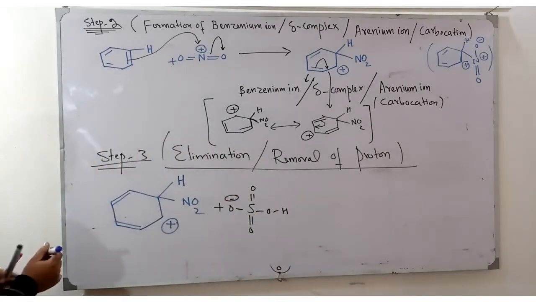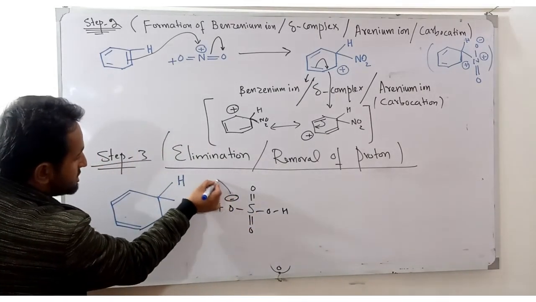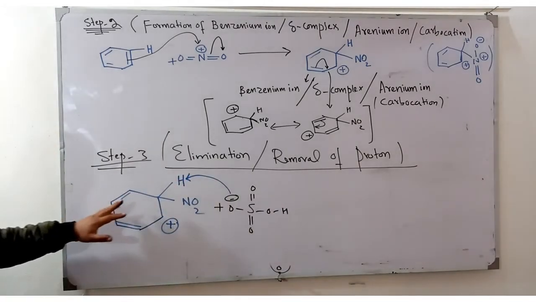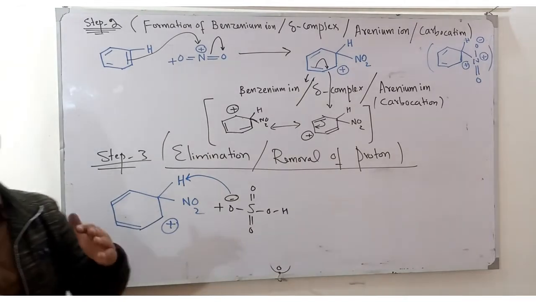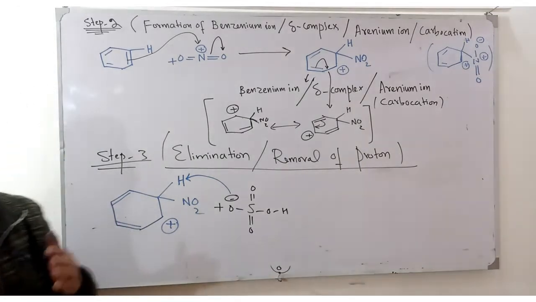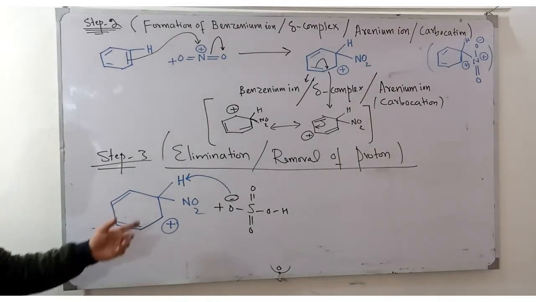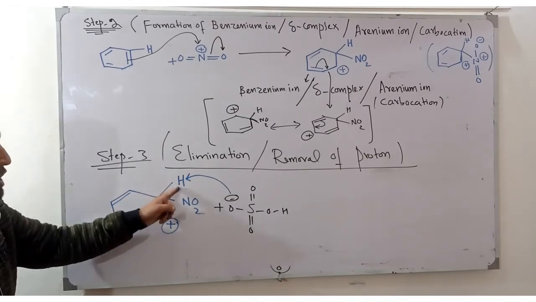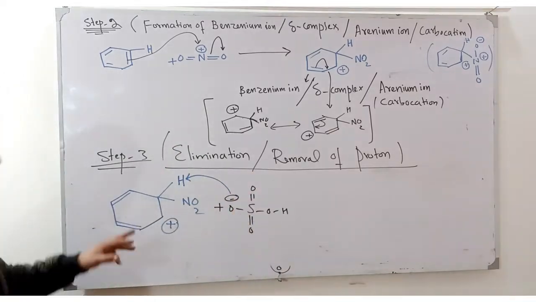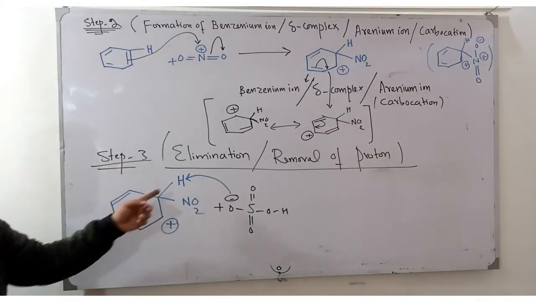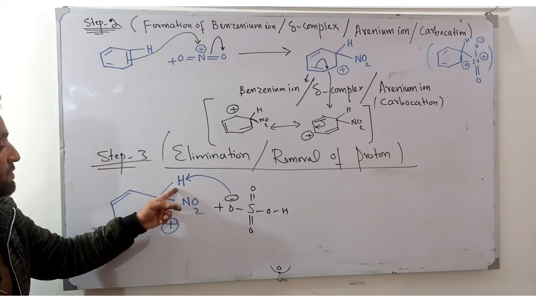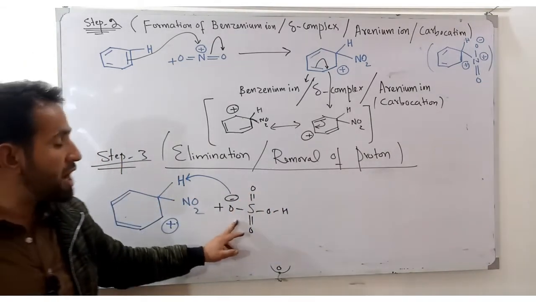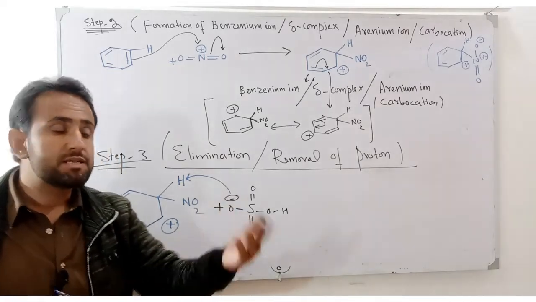Now this O negative will abstract the proton from this hydrogen because the benzene wants to stabilize itself. How will it stabilize itself? It is only possible when this carbon atom of the benzene leaves this proton. So who will be responsible for capturing this proton? This is basically the duty of this conjugate base, that is hydrogen sulfate or bisulfate ion.